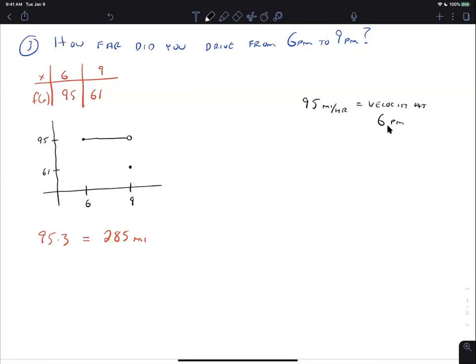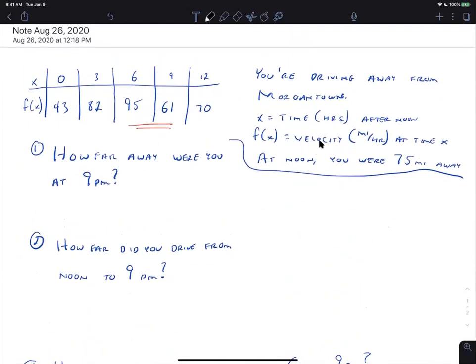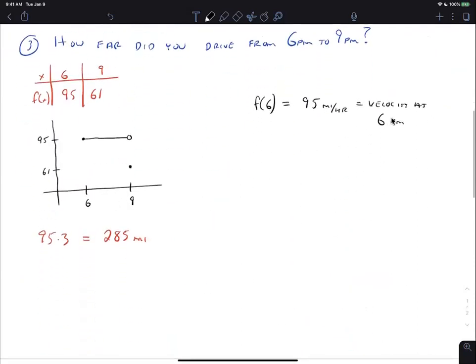Now, a lot of times in Calc 1, you talk about the derivative being the velocity, and a lot of times that's true. But if we look back up here, f of x represented velocity. So in this case, f of 6 is your velocity at 6. Does that make sense? Everybody clear? Okay, graphically, how does that show up? So like the 95, is that x? Is that y? Is that the slope? Is that the concavity?